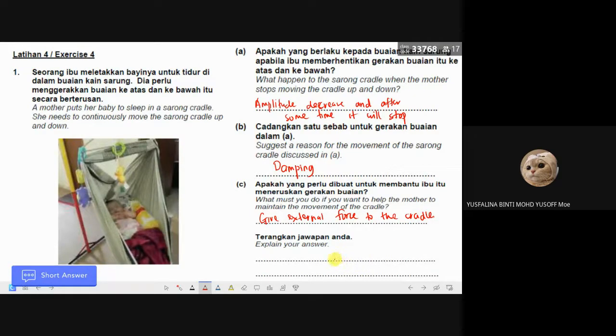And this one you have to explain your answer. Remember just now, you already know the energy is lost to the air due to the air friction. So whenever we give a force to the system, it will replace the energy lost due to the air friction.